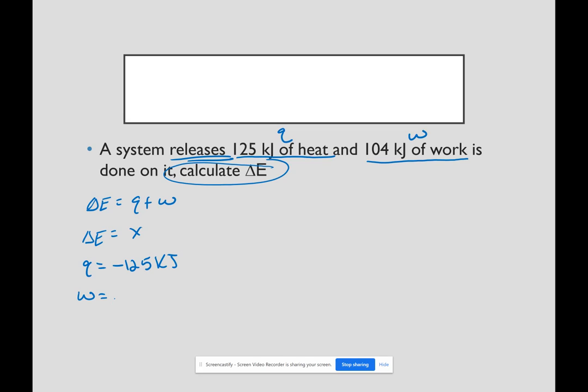And then w, 104 kilojoules of work is being done on the system. Because the work is being done on the system, it's absorbing it. So that's positive. So delta E is negative 125 plus 104. Just put the units in. So delta E is negative 21 kilojoules.